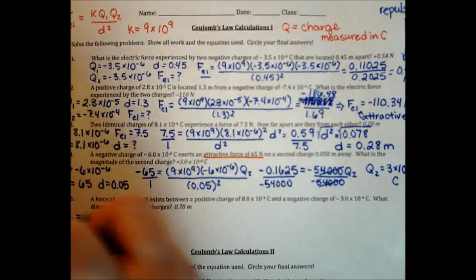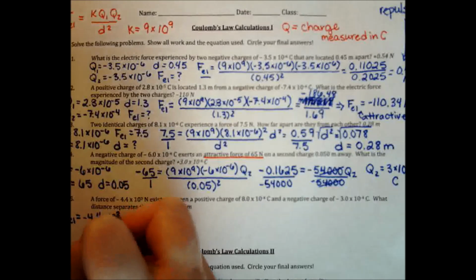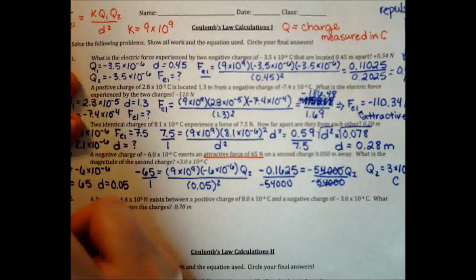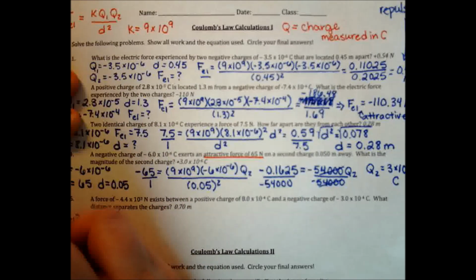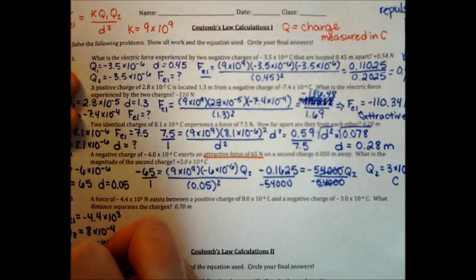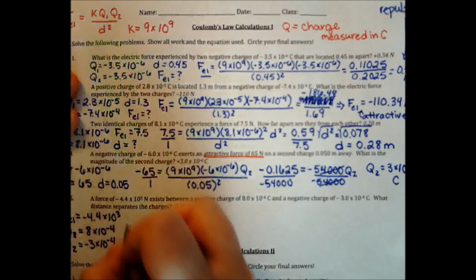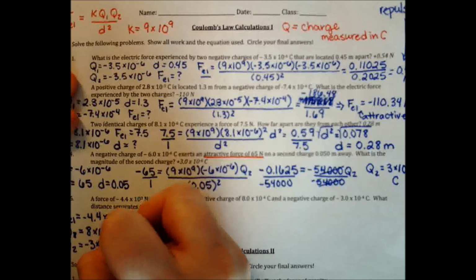So, a force of negative 4.4 times 10 to the third exists between a positive charge, Q1, which is 8 times 10 to the fourth, and a negative charge, 15 times 10 to the negative 4. What distance separates them?